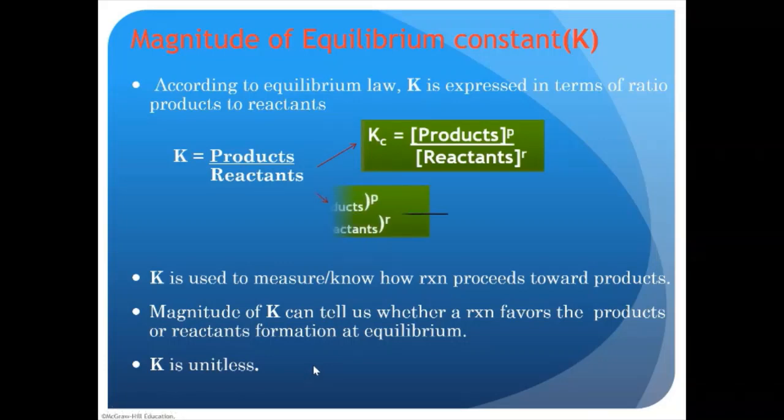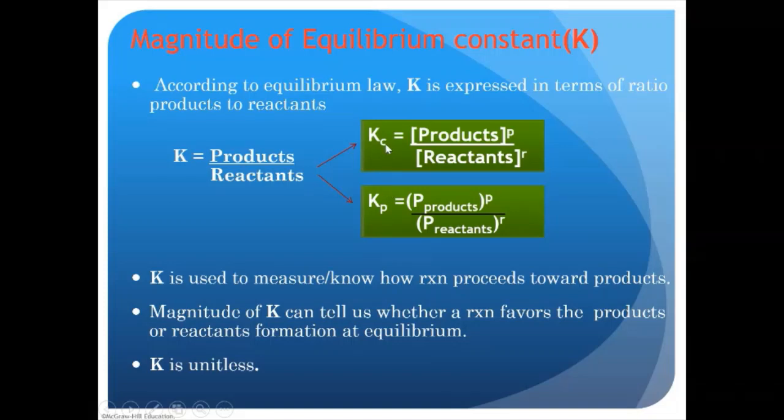So we can express the equilibrium constant either by using Kc or Kp. C is for concentration, P for the partial pressure. It depends on the information that we get in the question. If the information that we have in the question is the concentration information, we can write our expression by using Kc. However, if the information given to us in the question is the partial pressure of the gas components in our reaction, we'll write the Kp expression.